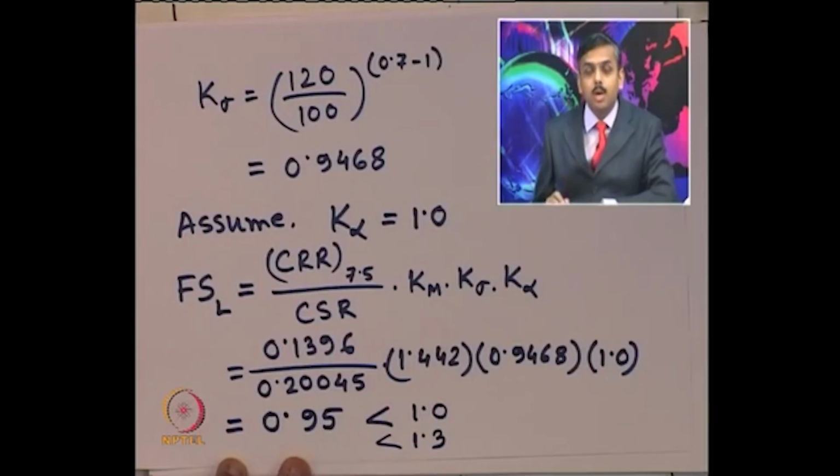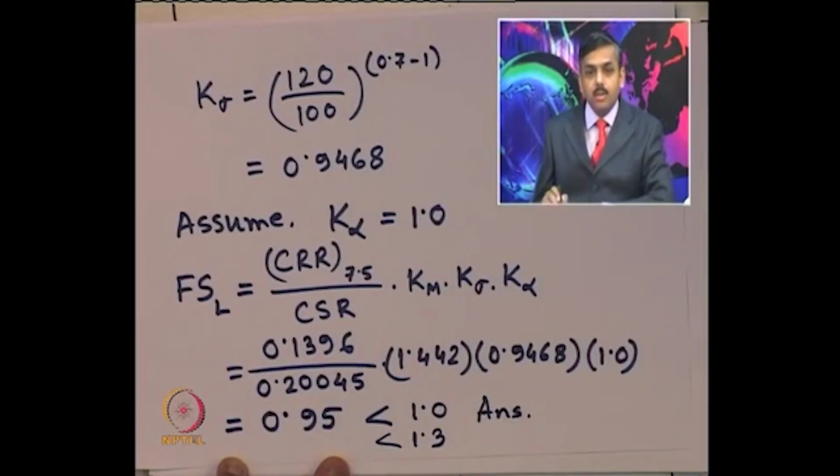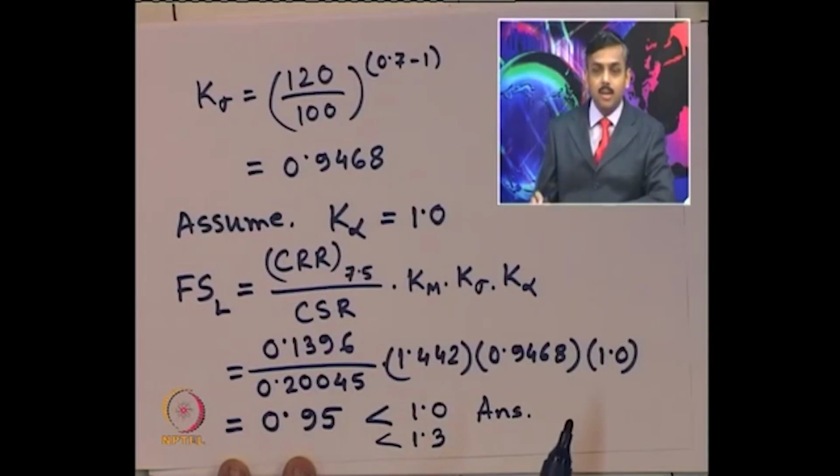So, what should be our comment? This is the answer of the problem, but if we want to comment on this answer, the comment should be that any foundation will not be suitable if we want to put it in the same soil condition at 10 meter depth in terms of liquefaction with moment magnitude of 6.5 at that site. So, that will be the conclusion.